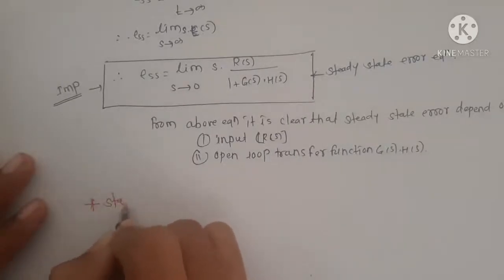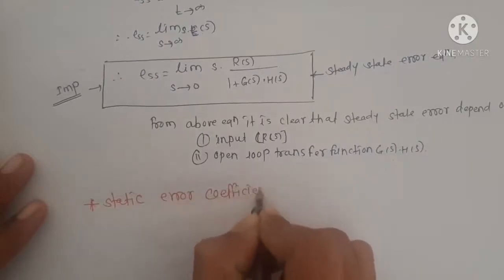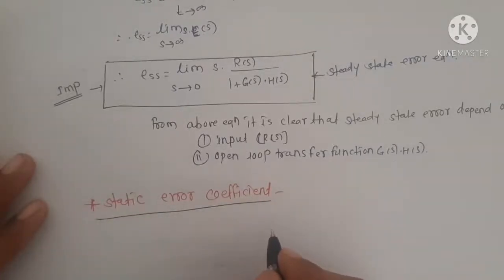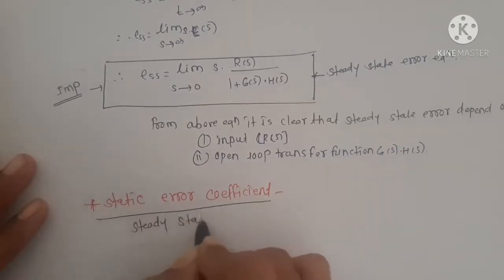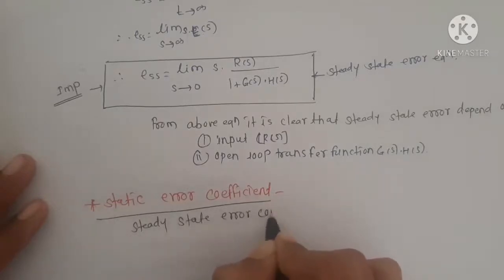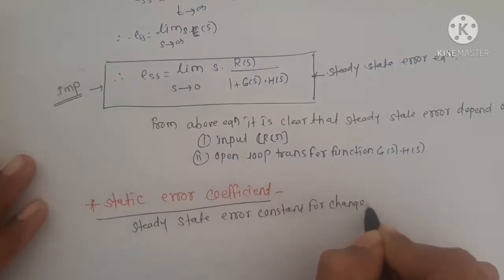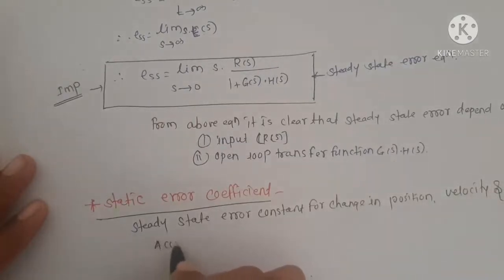The static error coefficient is nothing but the steady state error constant for change in position, velocity and acceleration.